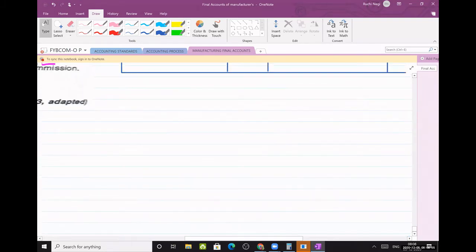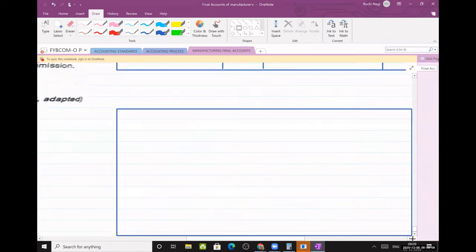Below this, make the trading account. If you want, you can make trading and P&L together also, and I'll show you how to do that.